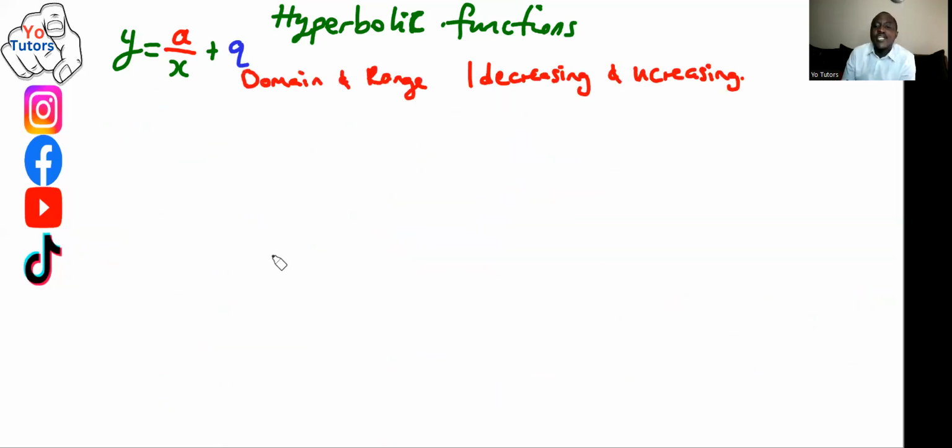Now, let's move on to the domain and range. Remember, from our previous class, the domain has to talk about the x values. It defines your x values, and your range is your y values. And when you are saying decreasing, it means that it's a negative gradient.